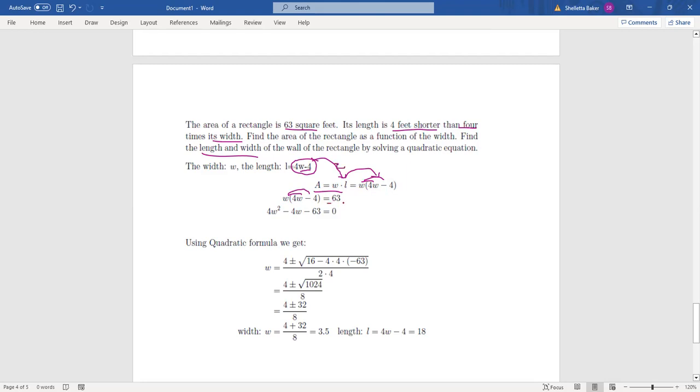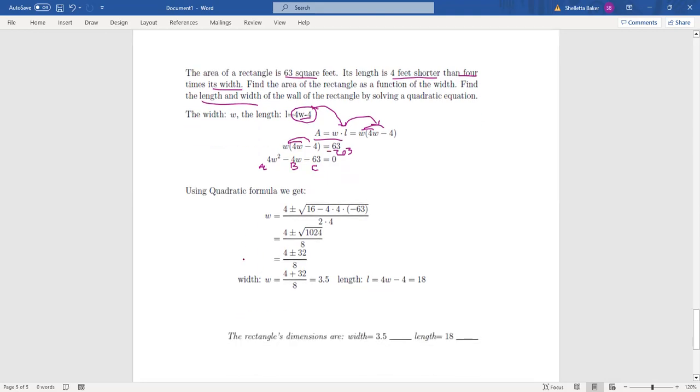We subtract that 63 from both sides, and that gives us 4W squared minus 4W minus 63, which we then use the quadratic formula on. We substitute 4 for the a value, negative 4 for the b value, and negative 63 for the c term. So using that quadratic formula, we have 4 plus or minus the square root of 16 minus 4 times 4 times negative 63.